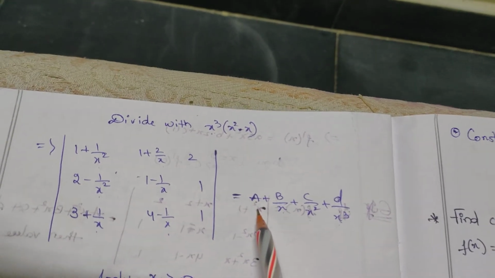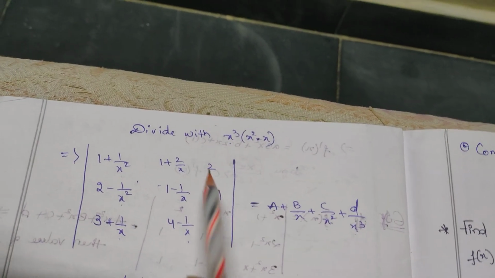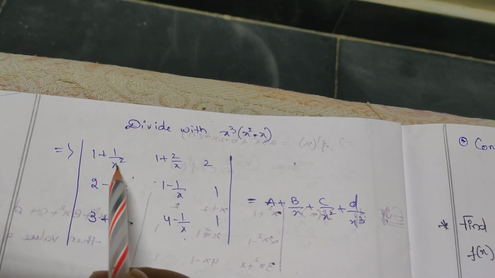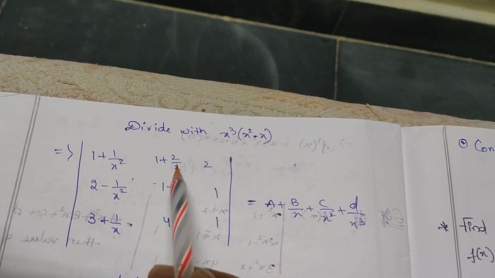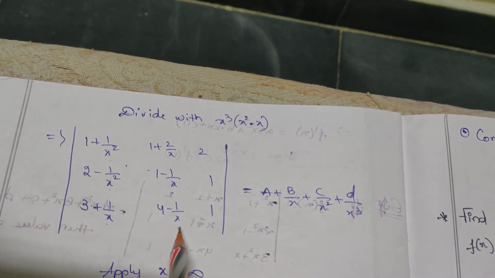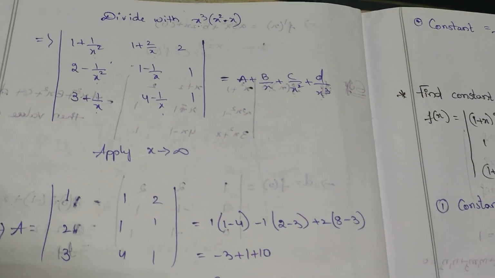So then you get only a. After keeping 1 by x square as 0, 2 by x as 0, 1 by x as 0, we have the numericals. If we expand the determinant, then you get the value of a.